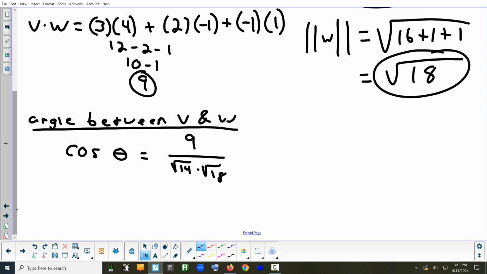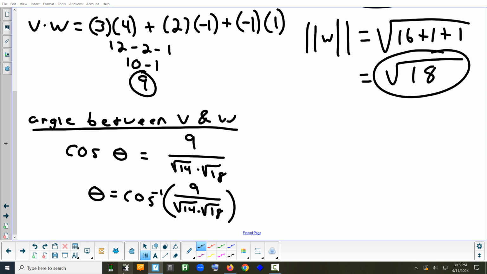And how are we going to get theta by itself? You would put, I don't know what it's called, cosine to the -1. Yep, inverse cosine. I don't have a calculator on me, so I can't do it right now.